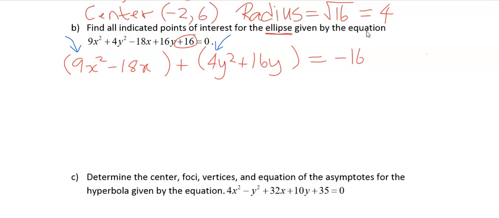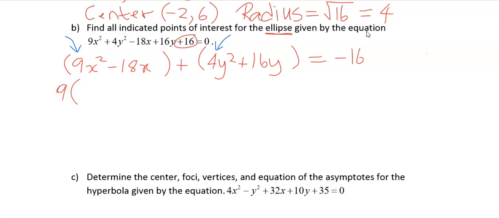Divide everything in the brackets by 9 in the first case and everything in the brackets by 4 in the second case, even if they're not common factors. Like if that was 9x squared minus 17x, you'd still have to divide by 9. Now you'd end up with a fraction for your middle term, but that's the breaks.